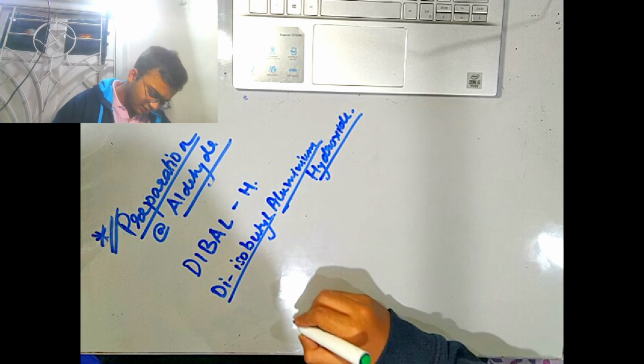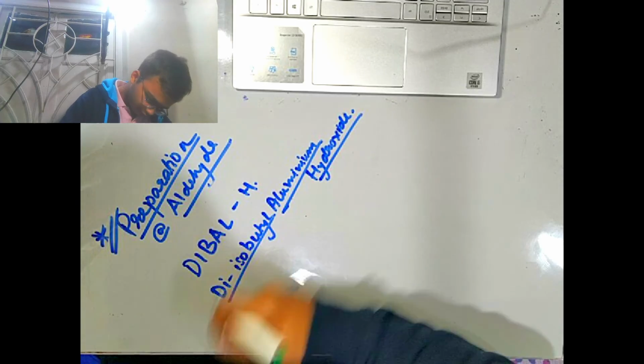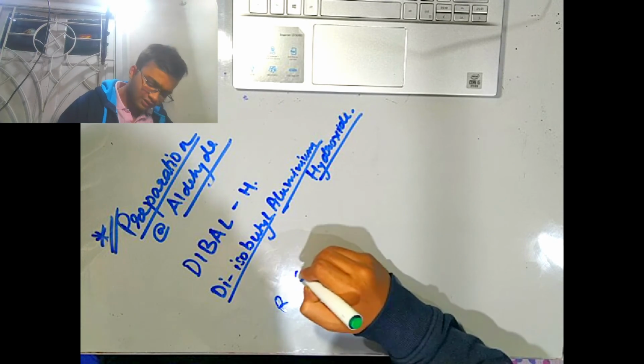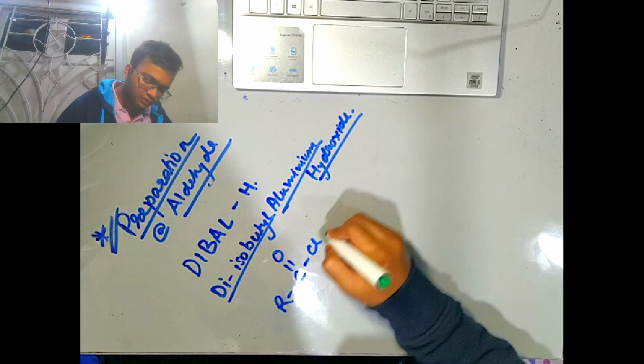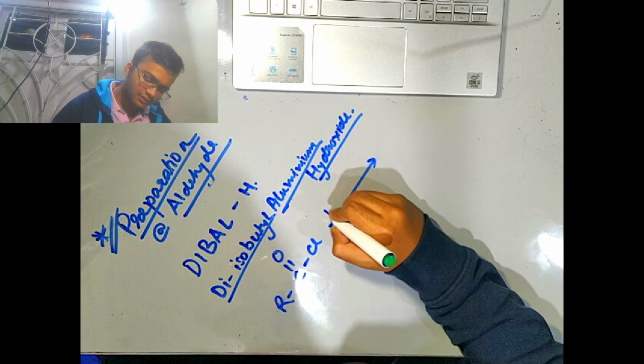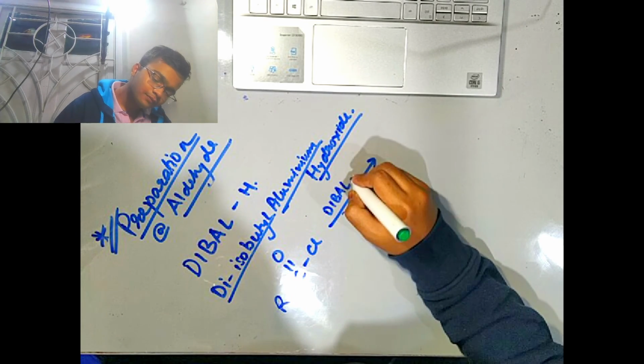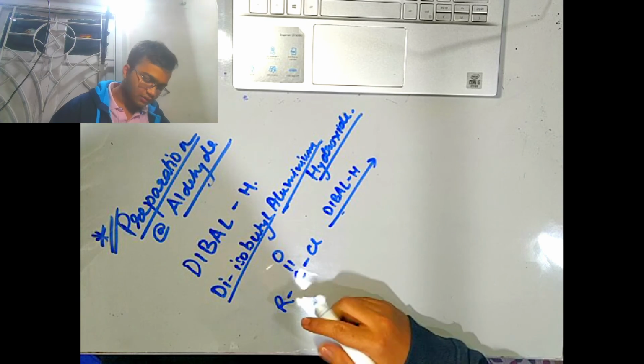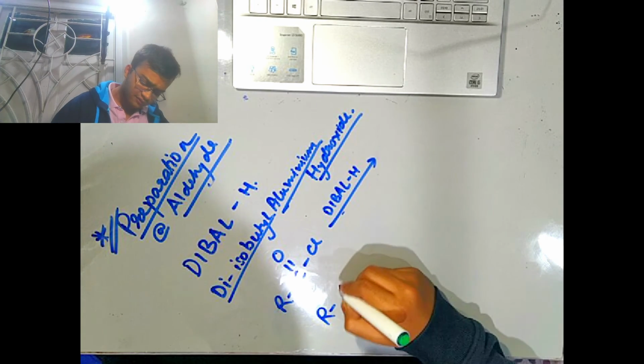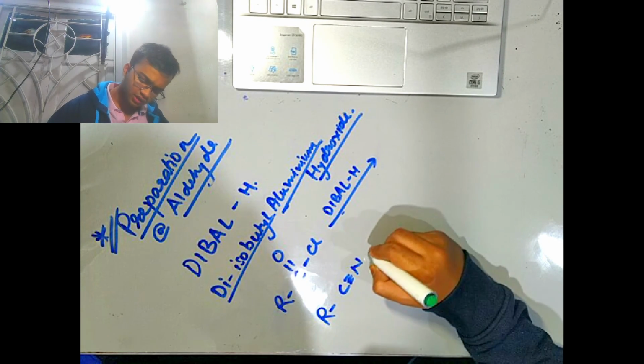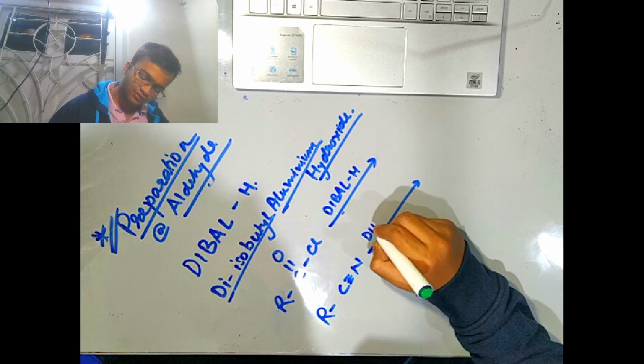Let's see what DIBAL-H is able to do. We take acid halide, RC double bond O Cl, will give DIBAL-H. Okay. We take a nitrile, R C triple bond N, will give DIBAL-H.